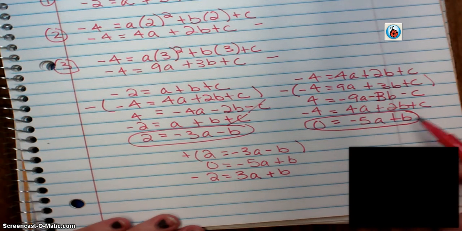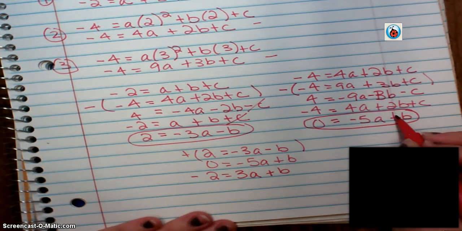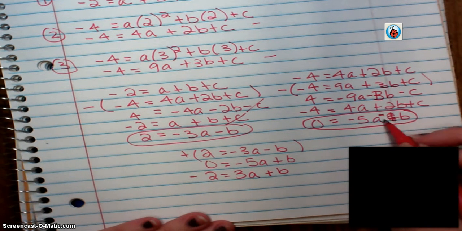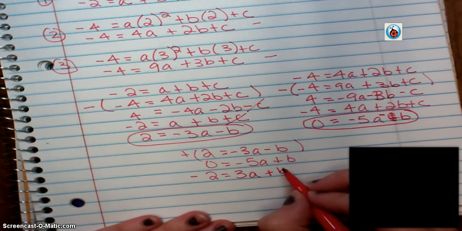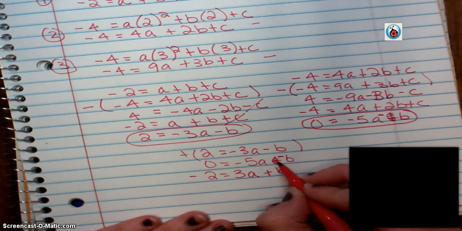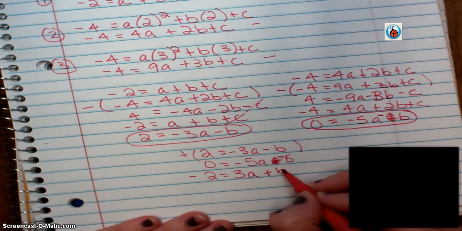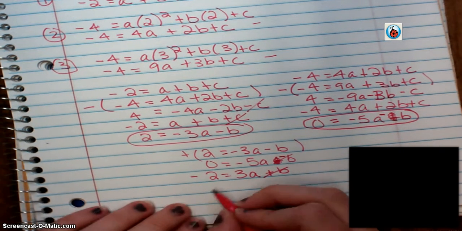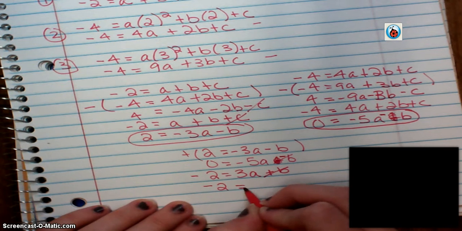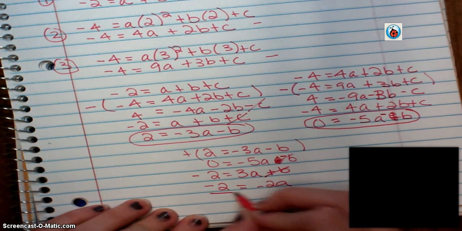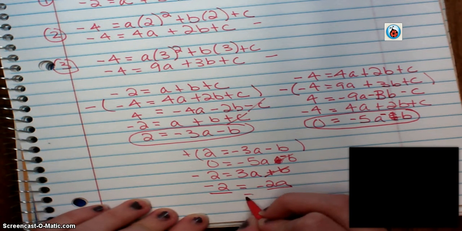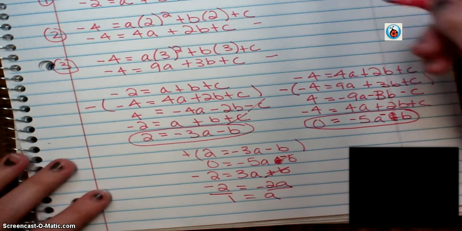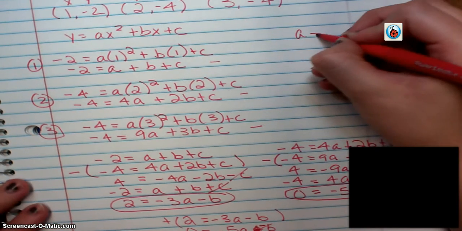Now to move up and show my work here, I accidentally messed up, so this is a -b, therefore this would be a -b, making these two cancel out now. Now I'm just solving. So a equals 1.